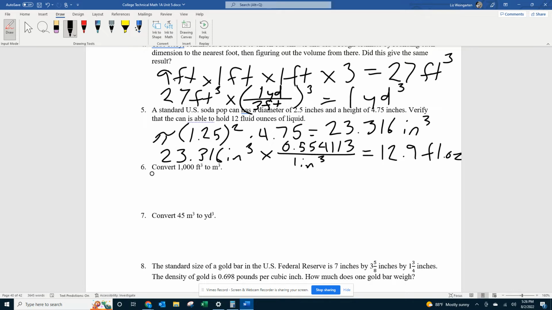So we can determine now that a soda can hold up to 12 fluid ounces. It can actually hold an additional 0.9 fluid ounces, which is most likely just air.